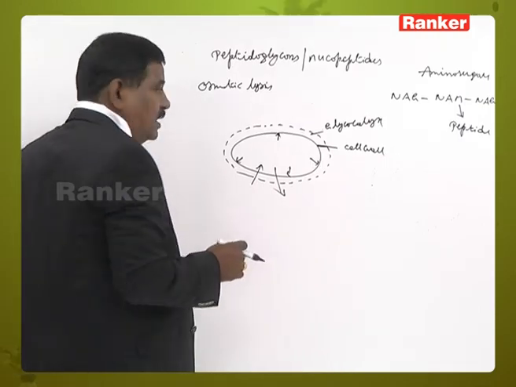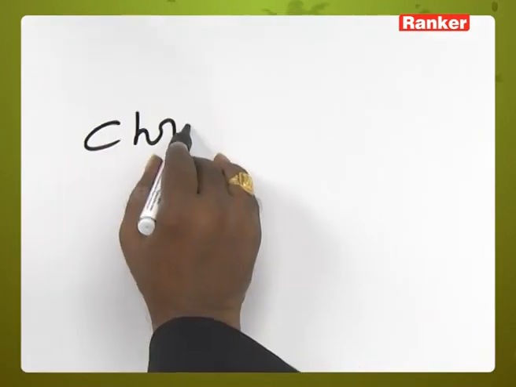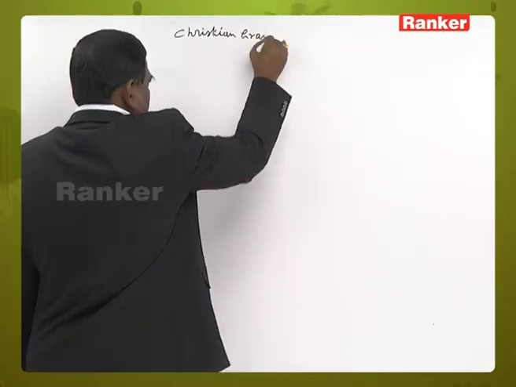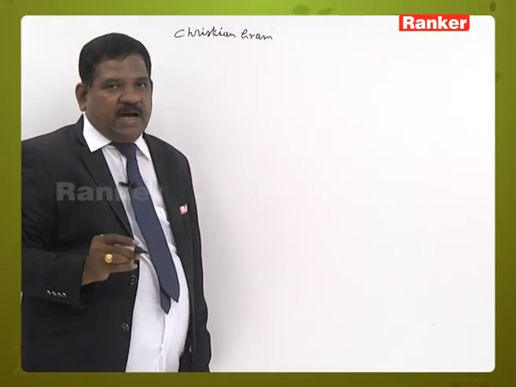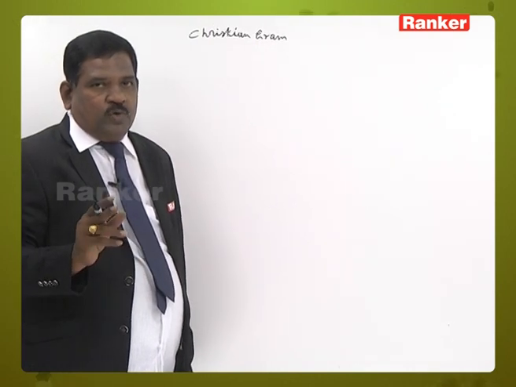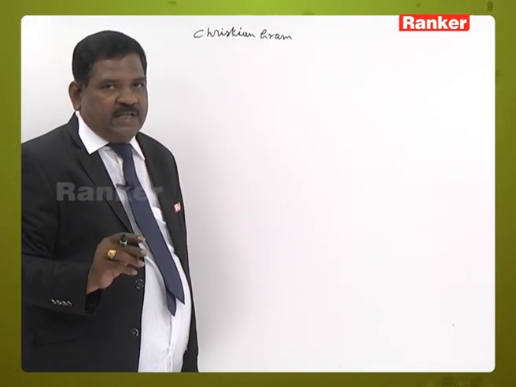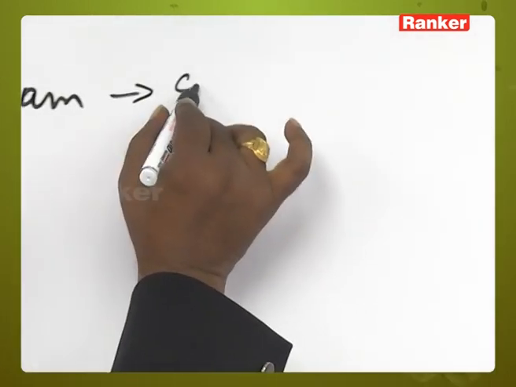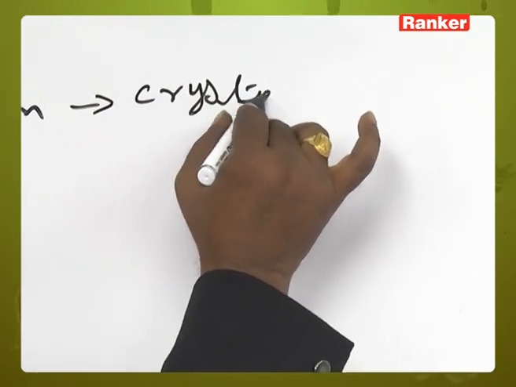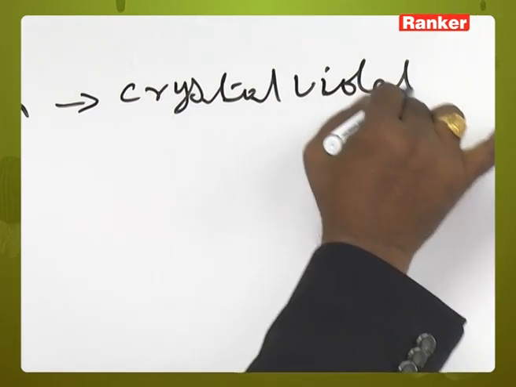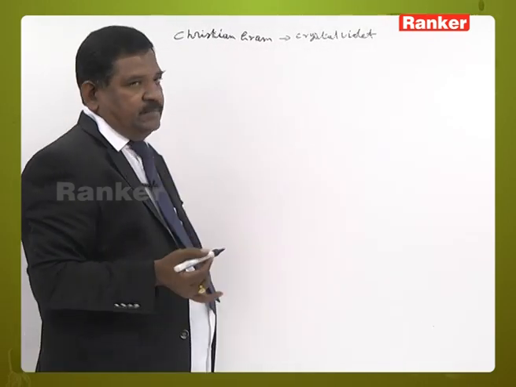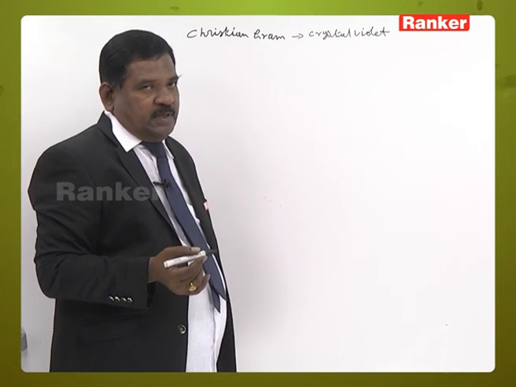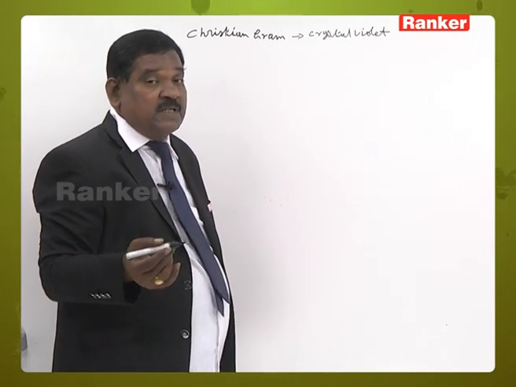The stain used by him is crystal violet, and that procedure is called Gram's staining procedure.